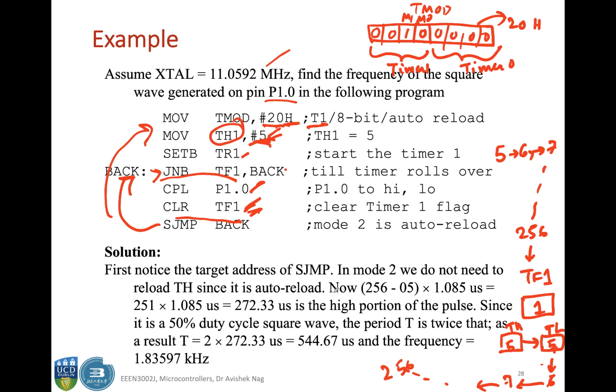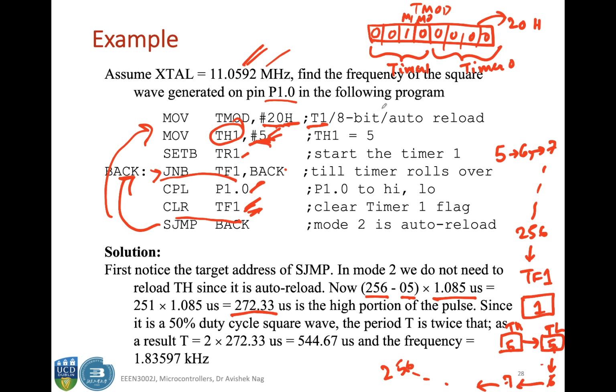We are asked to find the frequency of the square wave. That can be done like this. You start counting from 5. The maximum that you can count is 256. So 256 minus the initial number, times the machine cycle, which is 1.085 microseconds because of this clock frequency, gives you 272.33 microseconds, which is the high portion of the pulse.